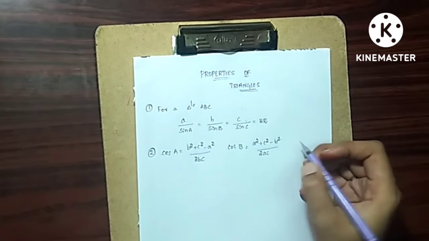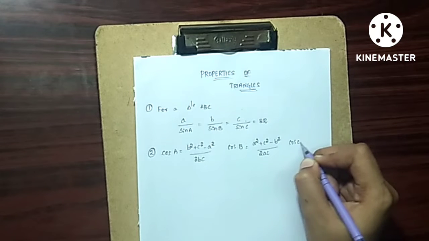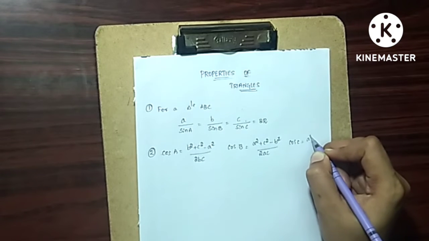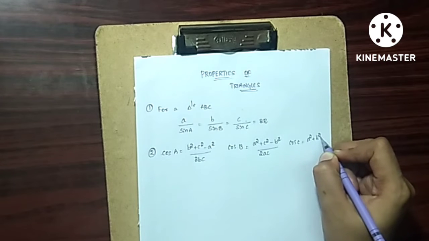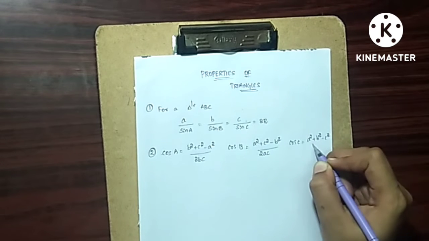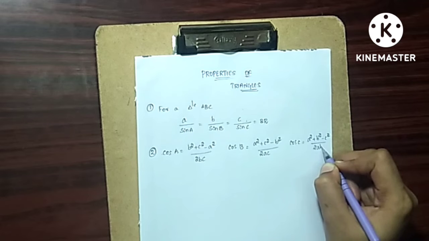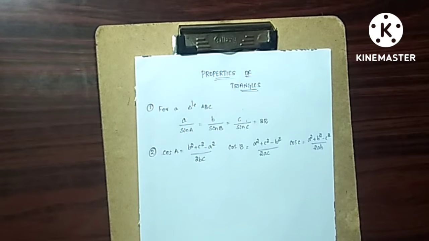Now let's do the cos C formula. So cos C equals a square plus b square minus c square by 2ab. So this is our second important formula in properties of triangles.